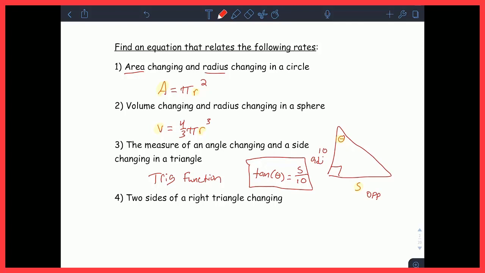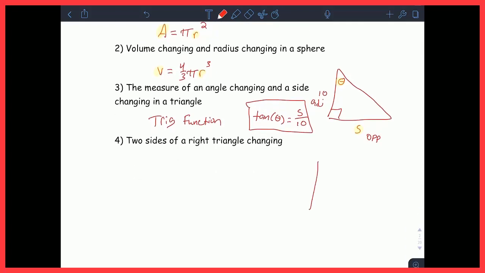Last, maybe two sides of a right triangle are changing. So in this picture you've got a right triangle with side a and side b, and they're both changing. The formula you would use in this example is the Pythagorean theorem: a squared plus b squared is equal to c squared. No matter what two sides you were given in a right triangle, that's the formula that could relate any of the two sides.